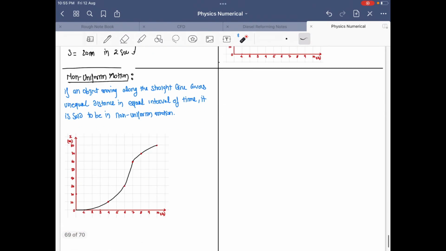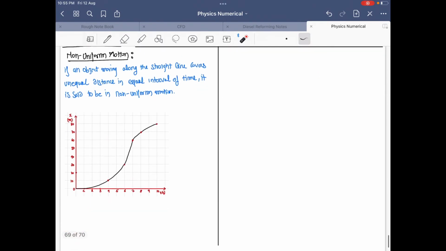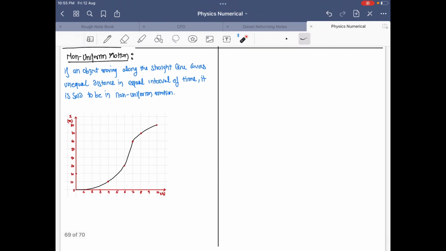Now the last is how non-uniform motion looks like. Let's look at the definition. If we talk about non-uniform motion, the definition says if an object moves along a straight line and covers unequal distance, a very important point, unequal distance in equal intervals of time, it is said to be in non-uniform motion.